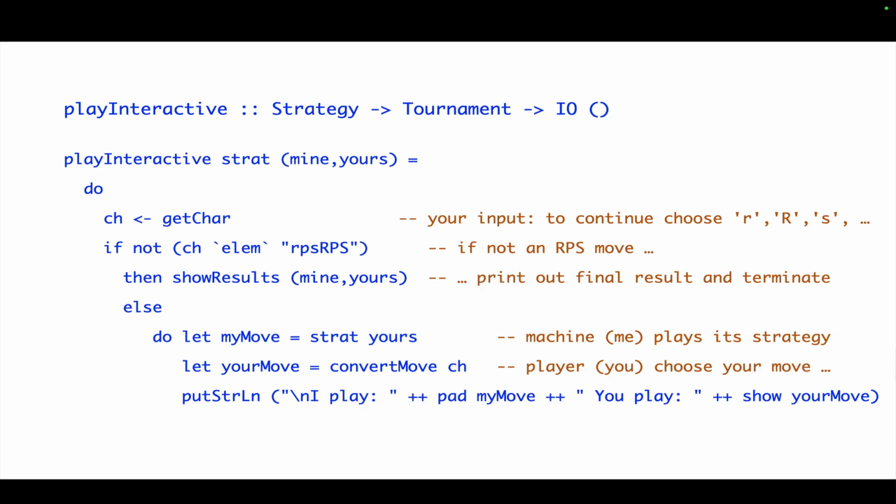It outputs that one line of play, and then it recursively plays with my move added at the front of the list mine, your move added at the front of the list yours, and so that repeats. So this will repeat forever until there is an input which stops it.